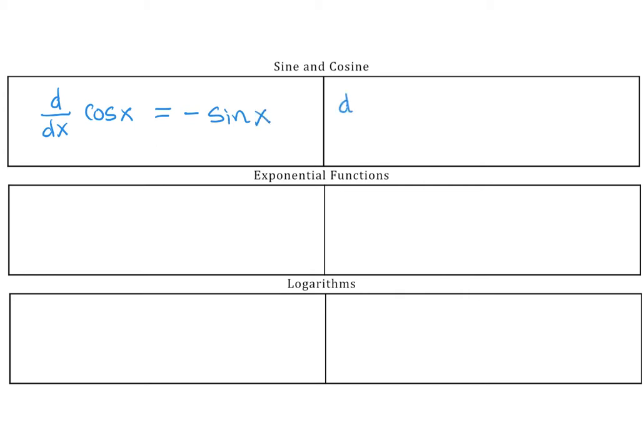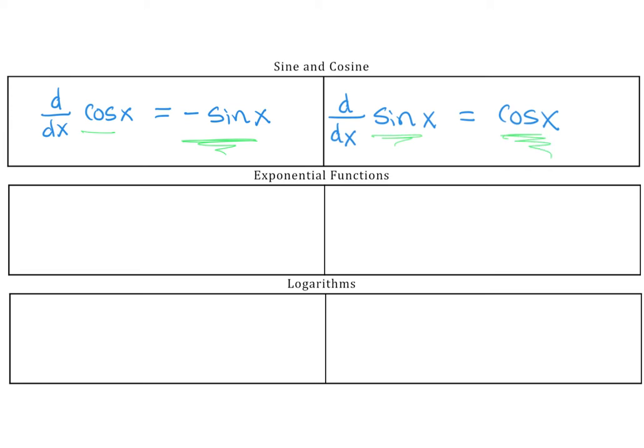And to go the other way, if you take the derivative of sine, it is equal to positive cosine. So easy, but just remember: cosine goes to negative sine, sine goes to positive cosine.